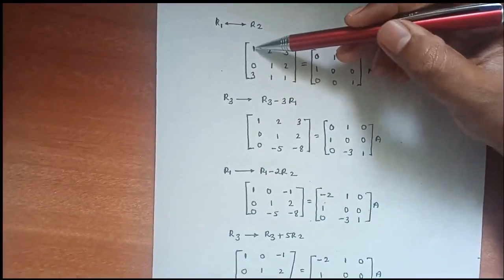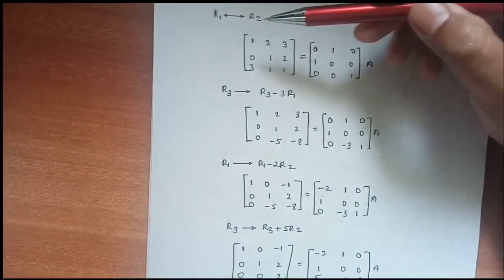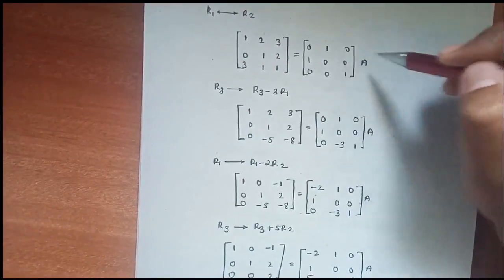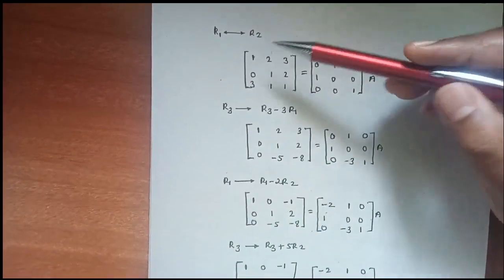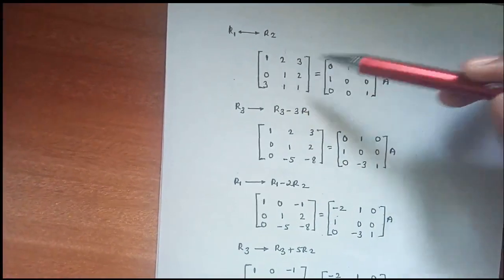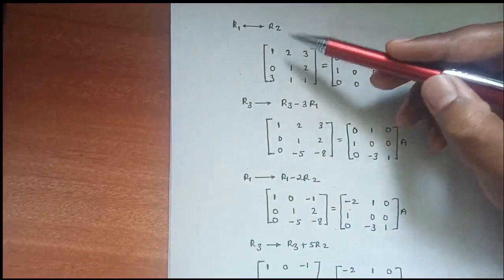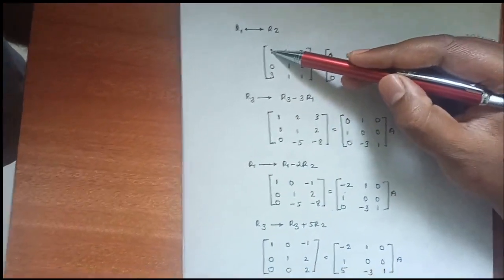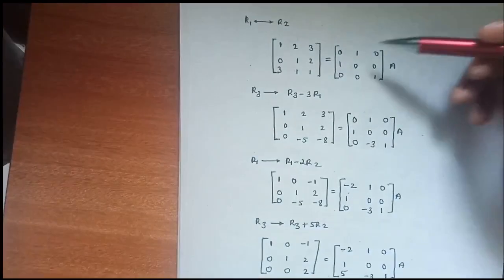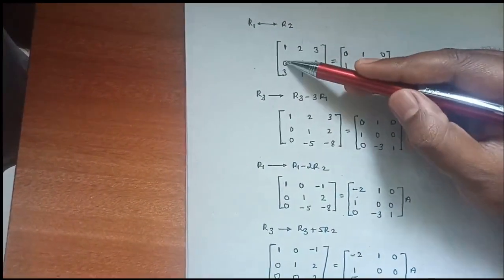Similarly I did the same thing to the right hand side. So now see here, 1 2 3, 0 1 2, 3 1 1. These are the three rows. The first element here is 1, but since I want the unit matrix or identity matrix, I want this also to be 0, because it should be 1 0 0.